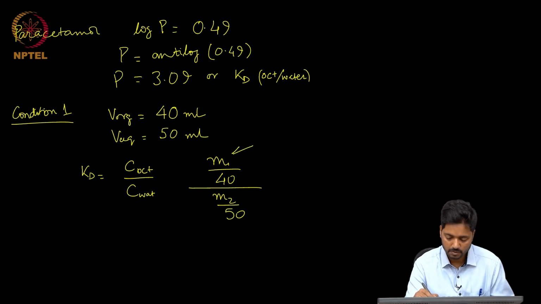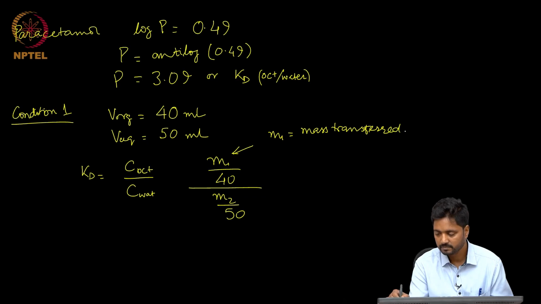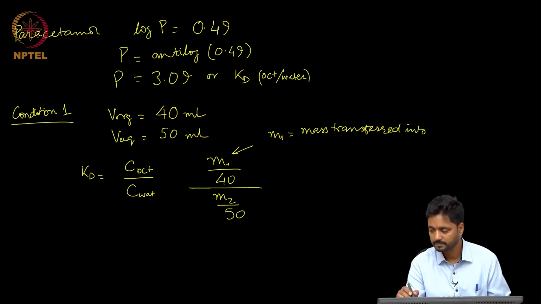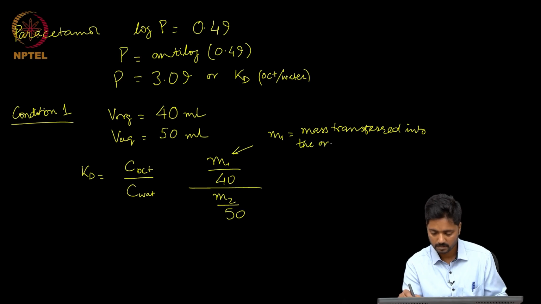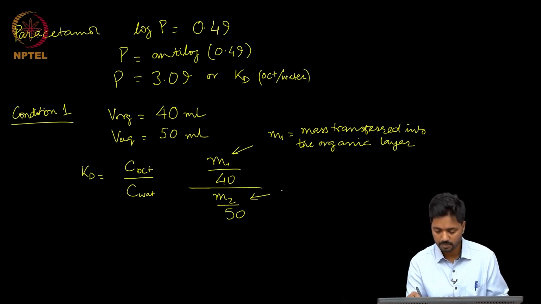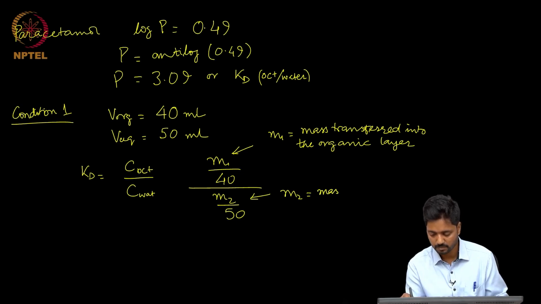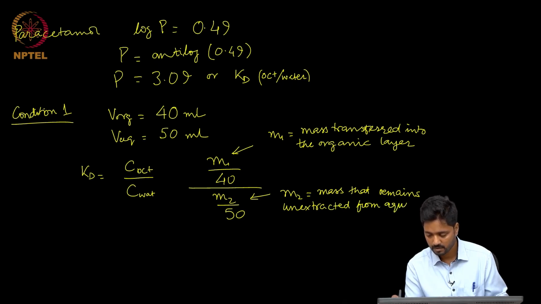So, just to repeat, M1 is equal to the mass transferred into the organic layer, and M2 is equal to the mass that remains unextracted from the aqueous layer.